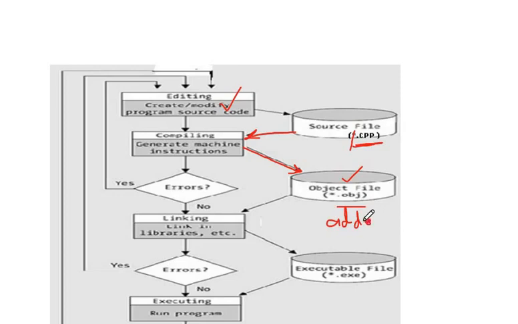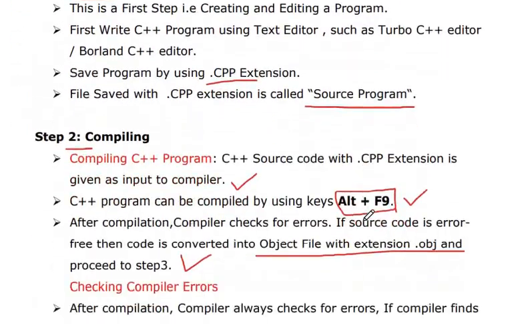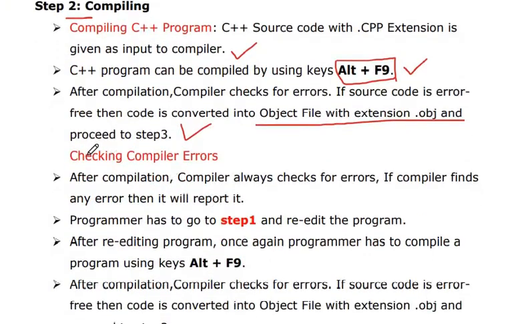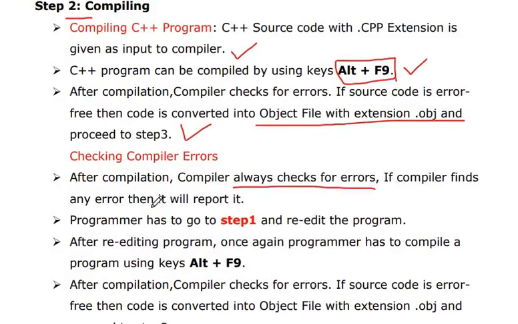This add.obj is generated by the compiler. It is converted into the object file with the extension .obj and we proceed to step 3. Checking the compiler errors: after the compilation, the compiler always checks for errors, and if the compiler finds any error, then it will report it.